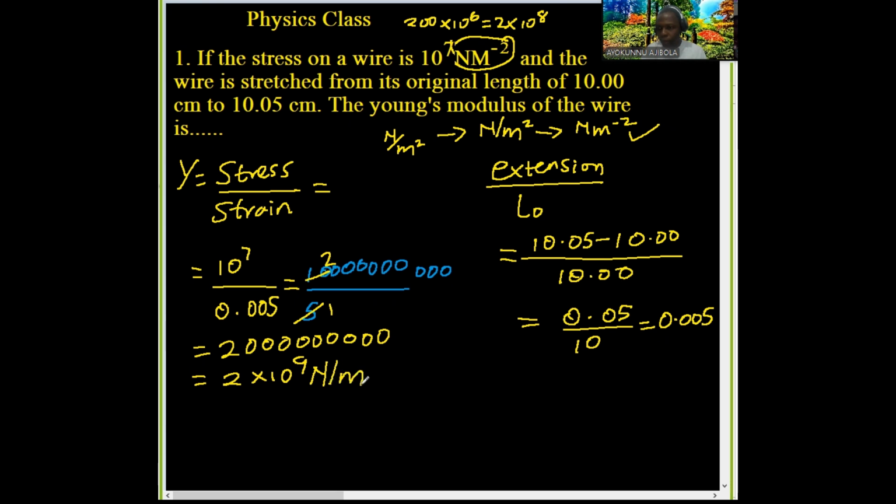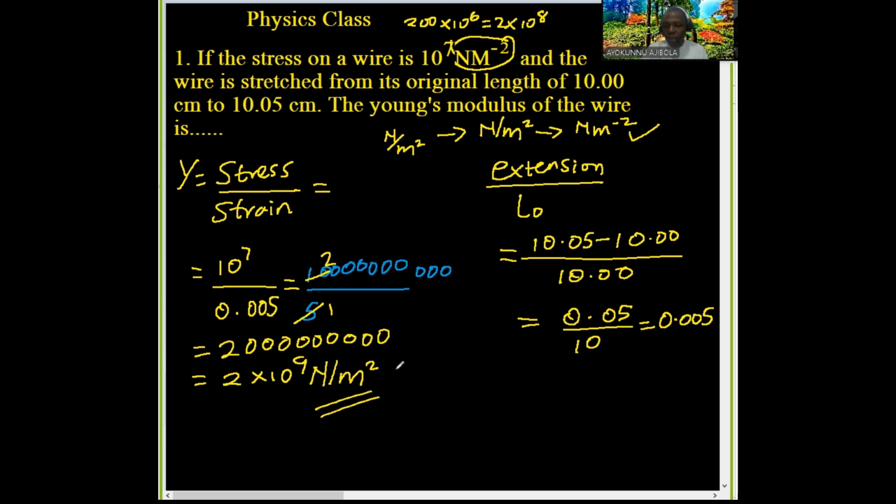Why does the strain have no unit? Because the extension is in maybe meters or centimeters or anything, and the original length is in the same unit, and then the unit cancels.